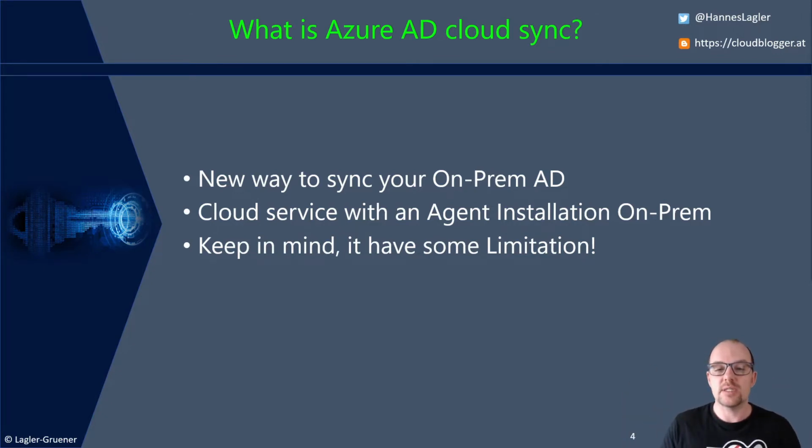To do this, you can synchronize your user accounts from your existing on-premise Active Directory to Microsoft Azure Active Directory, and you can use Azure Active Directory Cloud Sync to achieve this. The cool thing here is you only have to install an agent, nothing more. You register this agent to the Azure Active Directory Cloud Sync service, and you configure everything in the cloud.